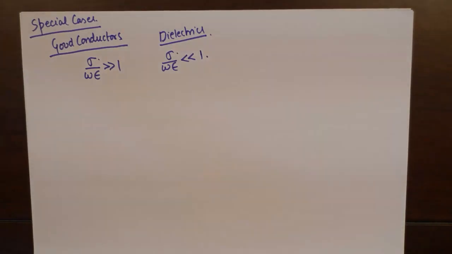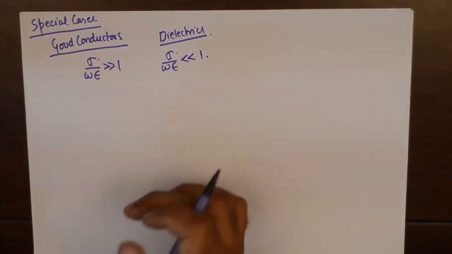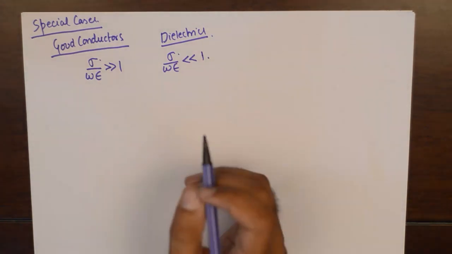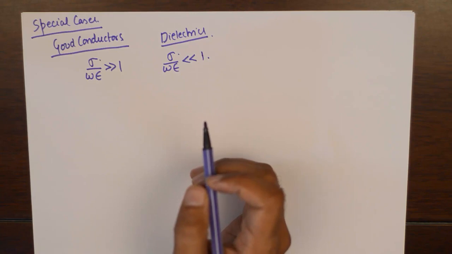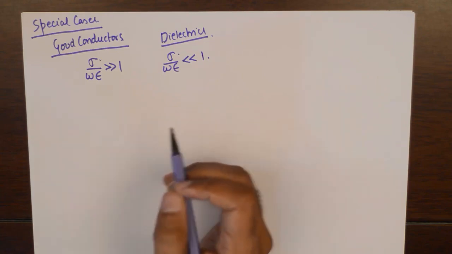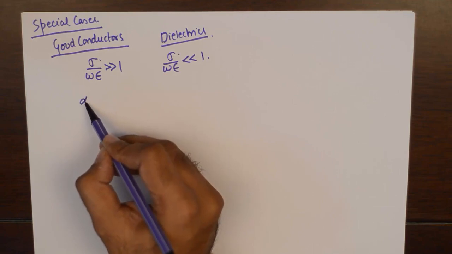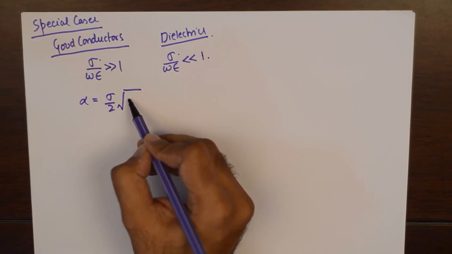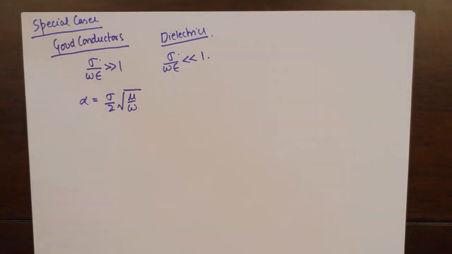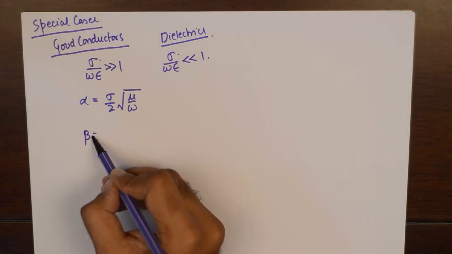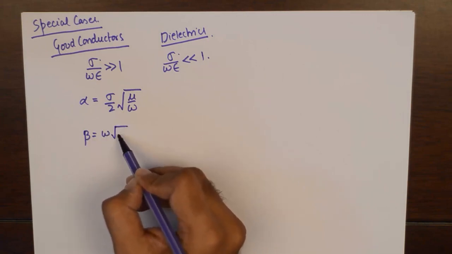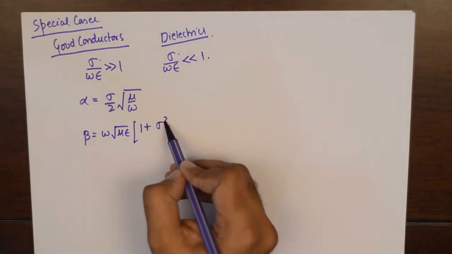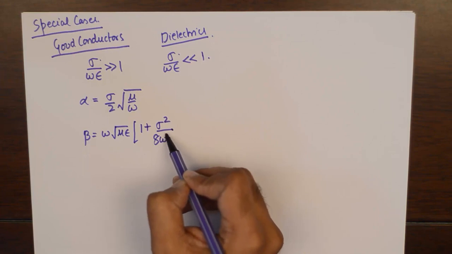Now, if you substitute these approximations in the main formulas for alpha and beta, then alpha reduces to a very simple expression and beta still remains a little bulkier as compared to alpha.